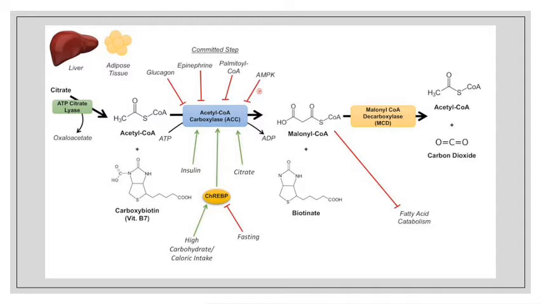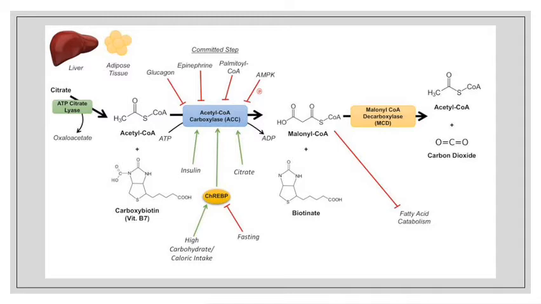You can see the liver and the adipose tissue. We can see the acetyl-CoA, we can see the malonyl-CoA, the carbon dioxide, the acetyl-CoA, and then the carboxybiotin, sorry, hard time saying that, and the biotinate.